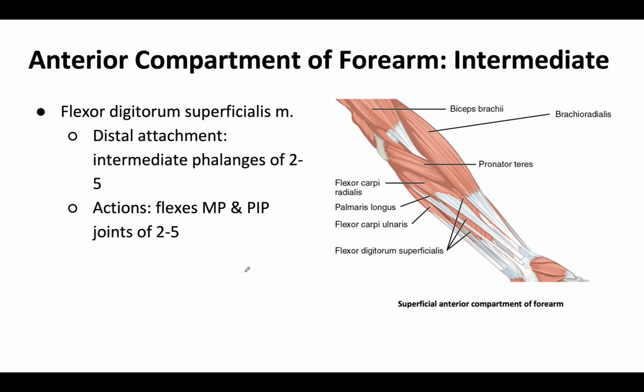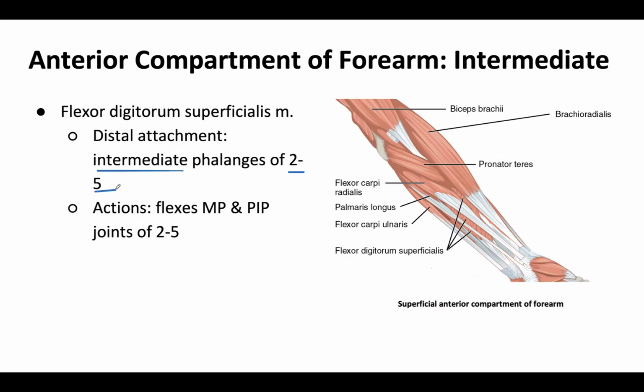There is an intermediate layer in the anterior forearm, and it has one muscle, the flexor digitorum superficialis. It will have four separate distal long tendons that will travel through the carpal tunnel and attach to the intermediate phalanges of digits 2 through 5, and that's important there.